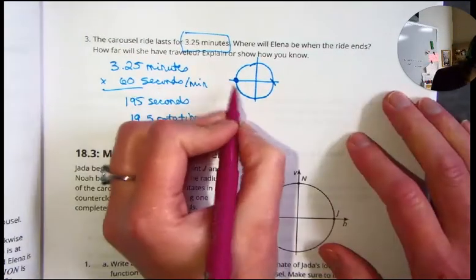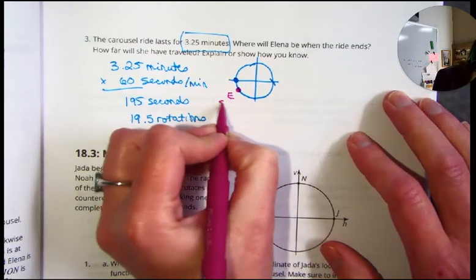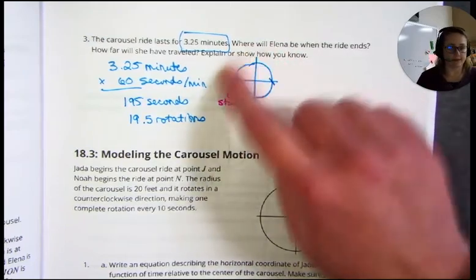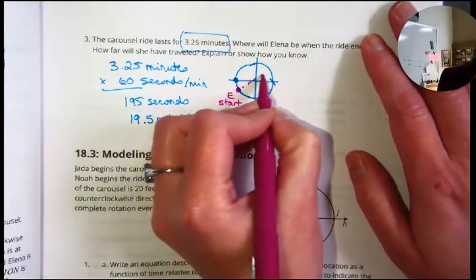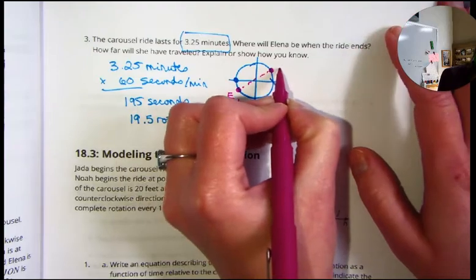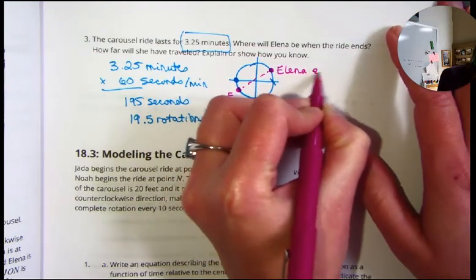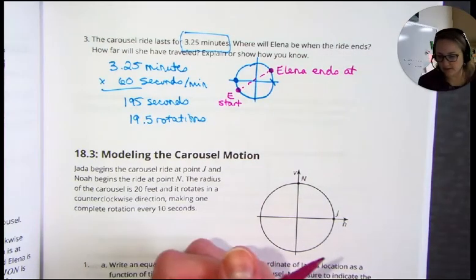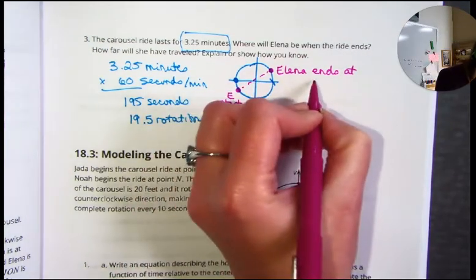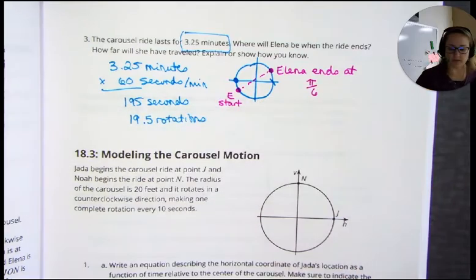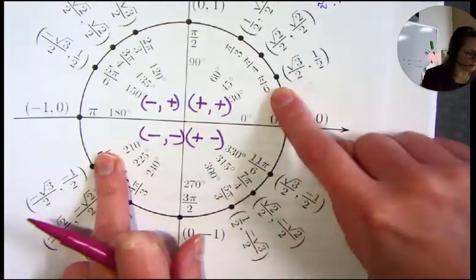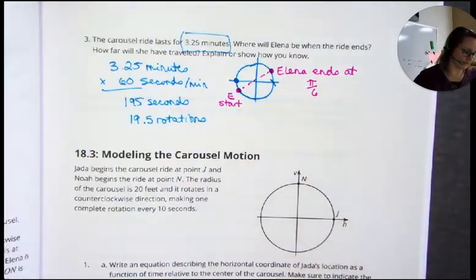Because Elena started the ride here. And so she is now going 19 and a half rotations from there. She's going to end the ride here, at pi over 6, just directly across the unit circle. So she started here at 7 pi over 6. She's going to end here at pi over 6 directly across.